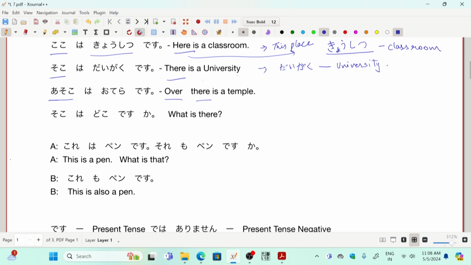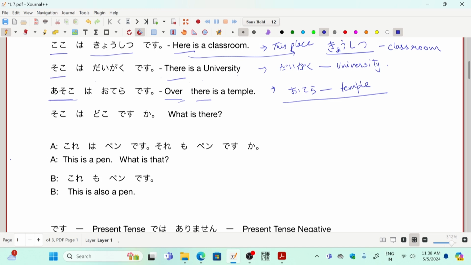Next, asoko. Asoko is again the place which is far for both the speaker and the listener. So it is over there. Asoko wa otera desu. Otera is the word for temple. What is shrine in Japanese?